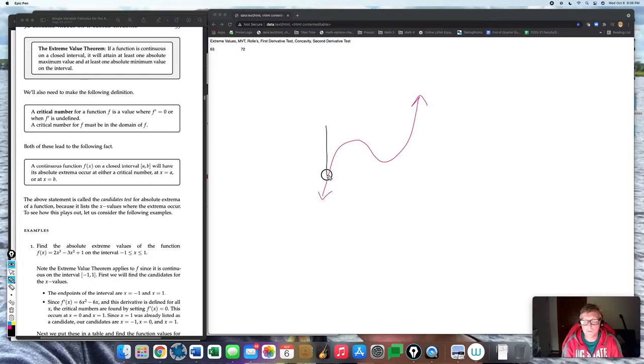So here's a box. And we're going to say that right here is x equals a, and right here is x equals b. So the smallest y value occurs at x equals a, right?